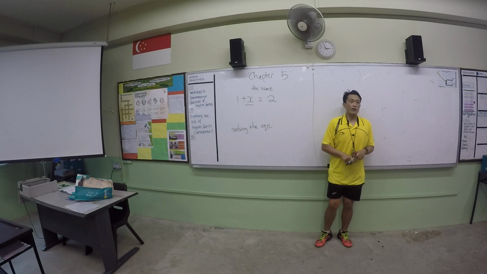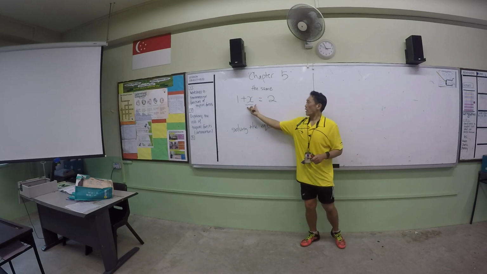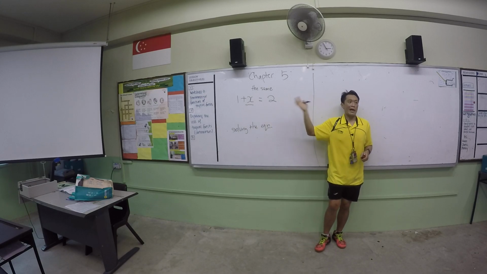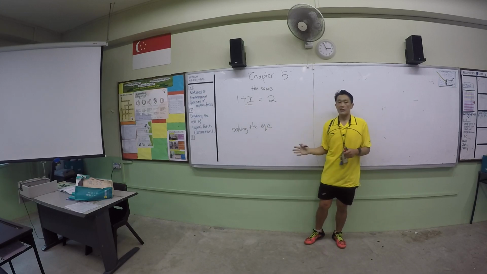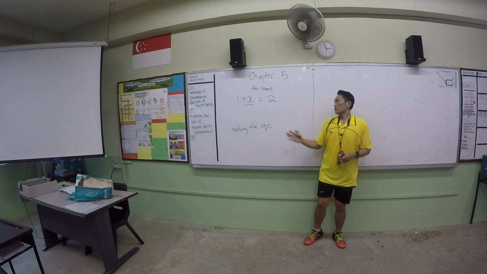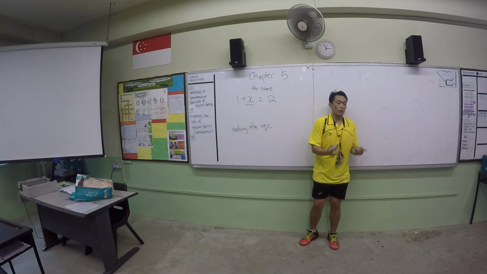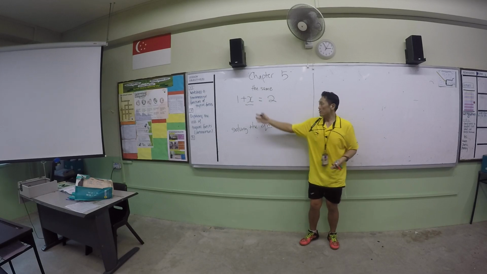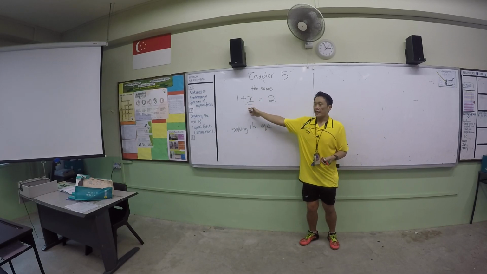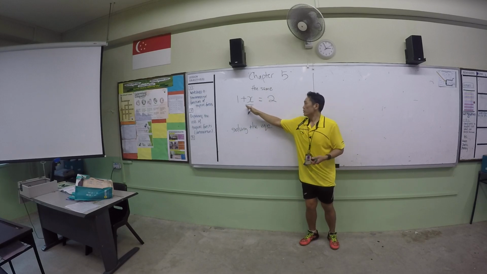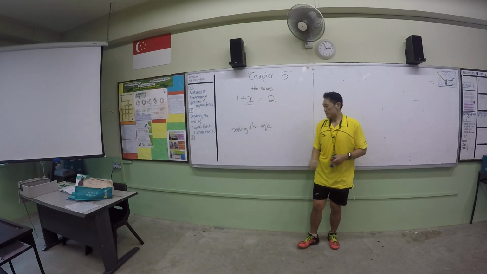So solving the equation means to find out what this unknown is that will make the equation balance. So 1 plus 1 equals 2 means x must be equal to 1. It can only be 1. With x being any other value, your left and right won't be the same.